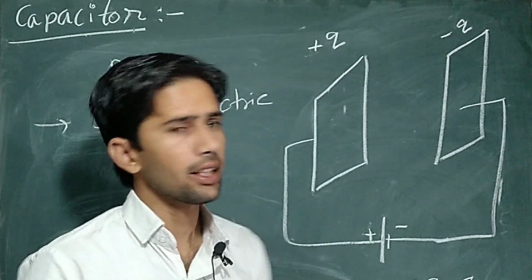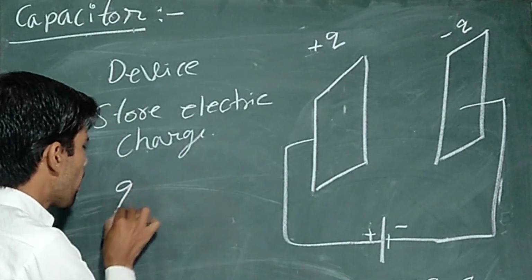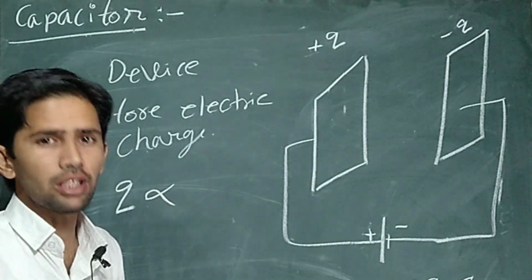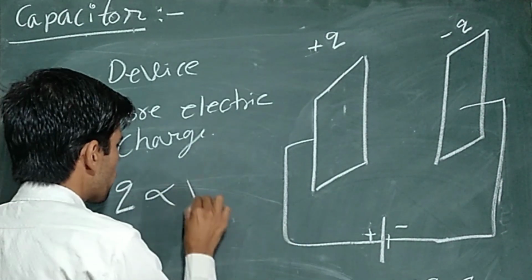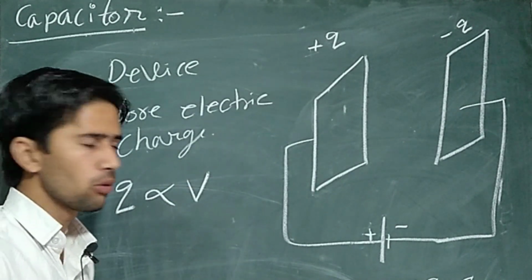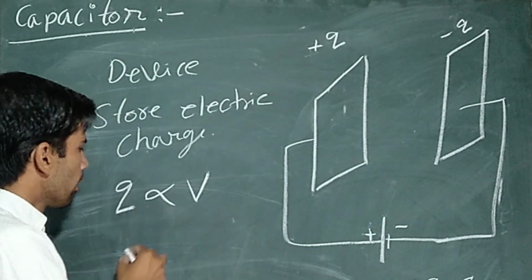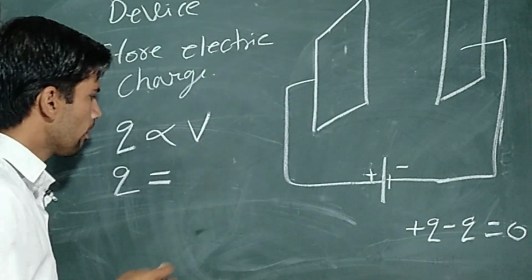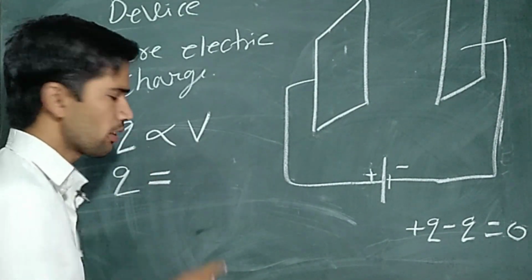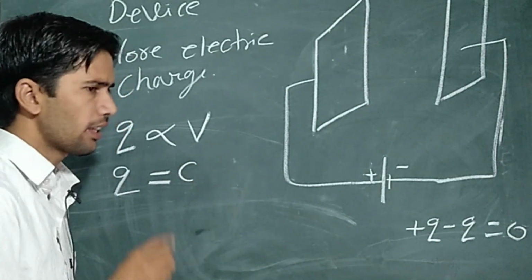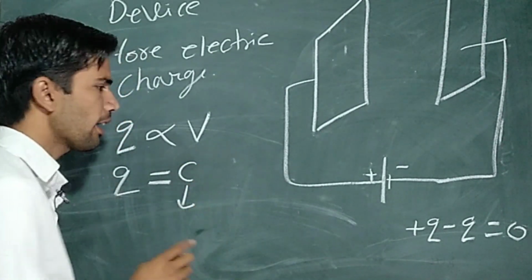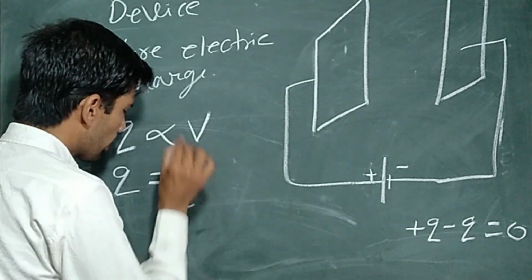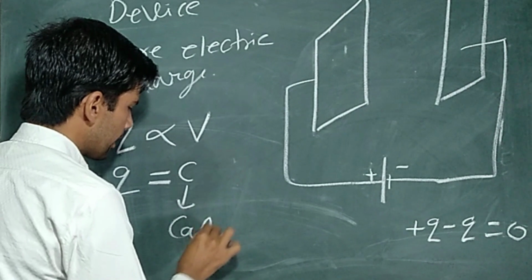Generally we can say that the amount of charge stored by the capacitor is directly proportional to the potential difference across the plates of the capacitor, meaning Q is proportional to V. Here we remove the sign of proportionality and take a sign of equality, with a constant which is called C. Here C is the property I have already discussed, the capacitance of the capacitor.